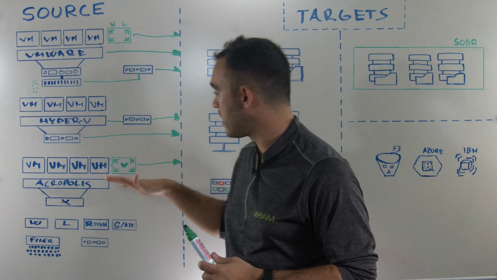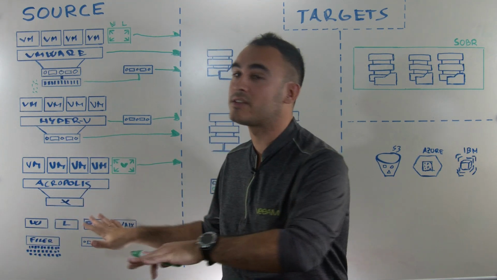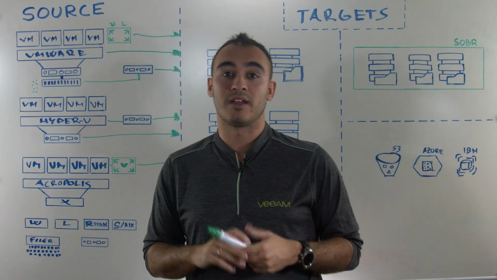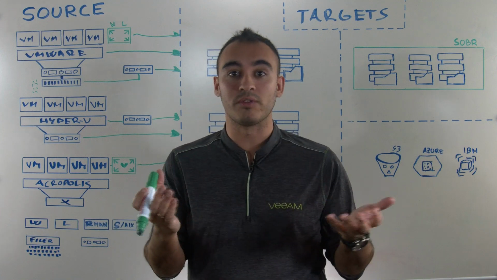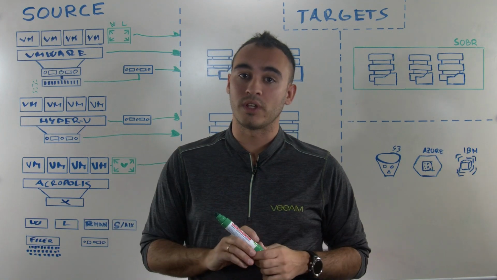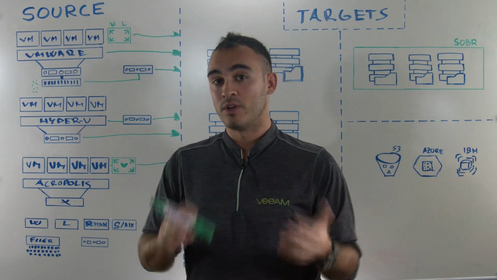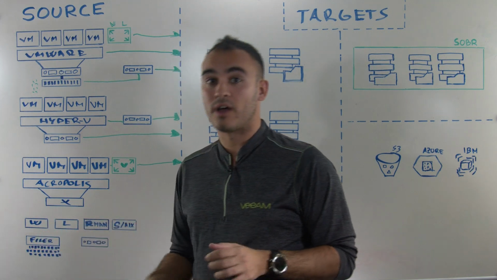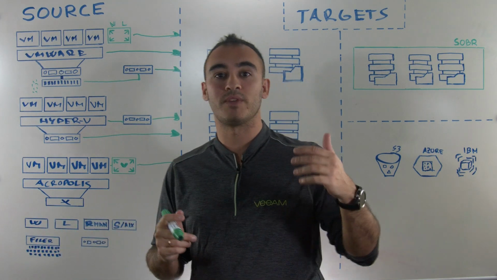Let's talk about agents itself. Every agent, we like to call, is its own data source and its own proxy, because it processes the whole data before sending it to the backup repository, of course. We have different agents. We have an agent for Windows that you can install, for example, on physical servers.